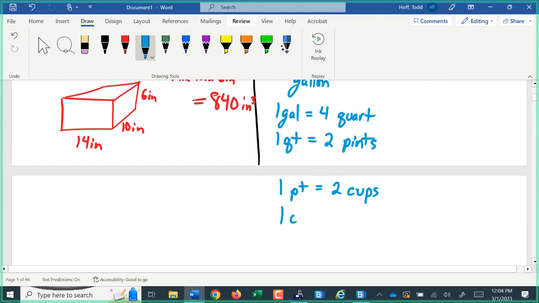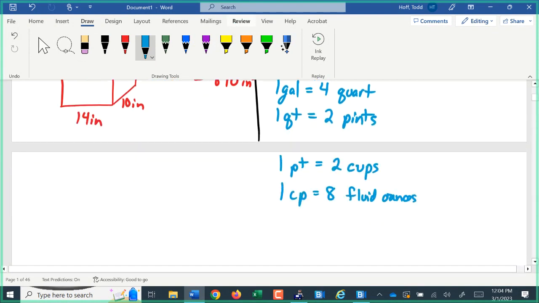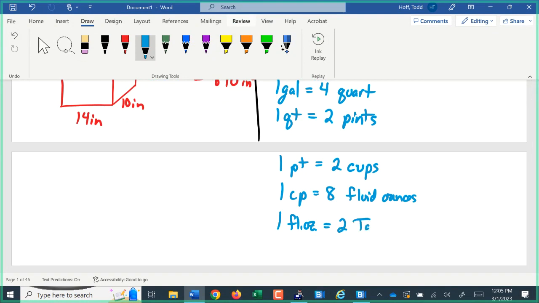Smaller than a cup, you have fluid ounces. 1 cup contains 8 fluid ounces. Smaller than a fluid ounce, 1 fluid ounce contains 2 tablespoons.